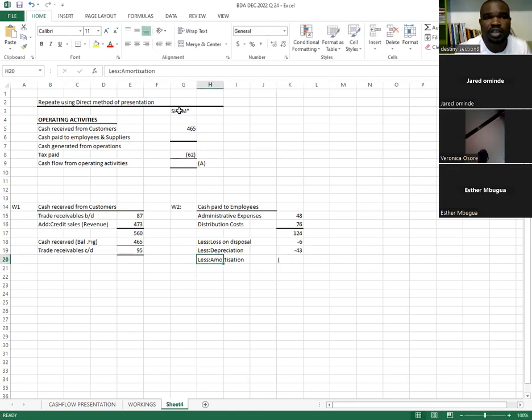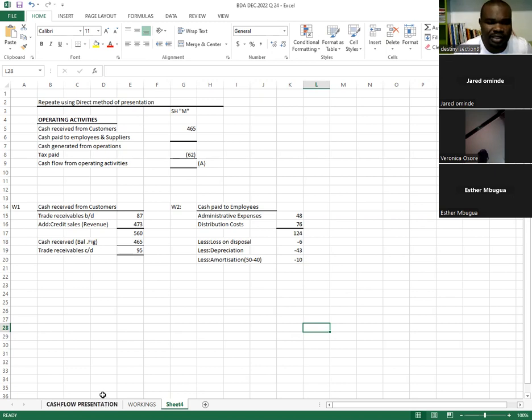If you check the question, it was 50, which dropped to 40. So that one gave us 10. So we are subtracting them because we cannot see them anywhere in the P&L.